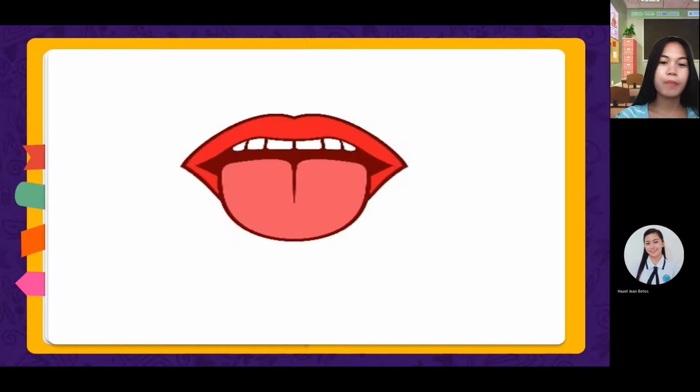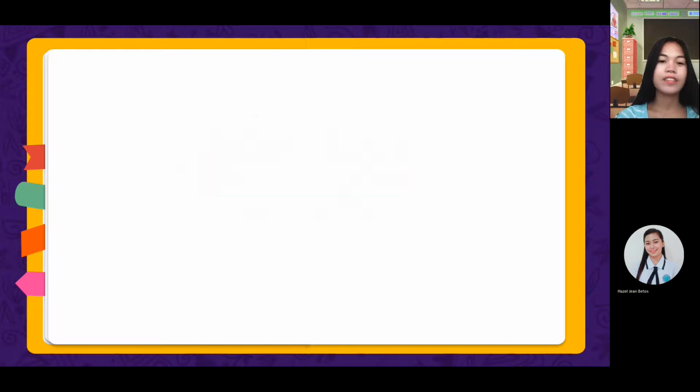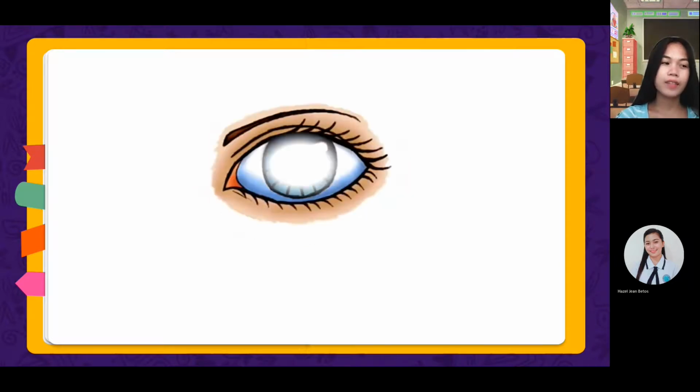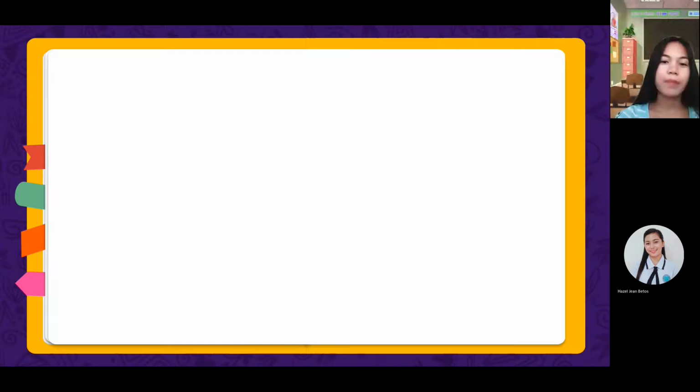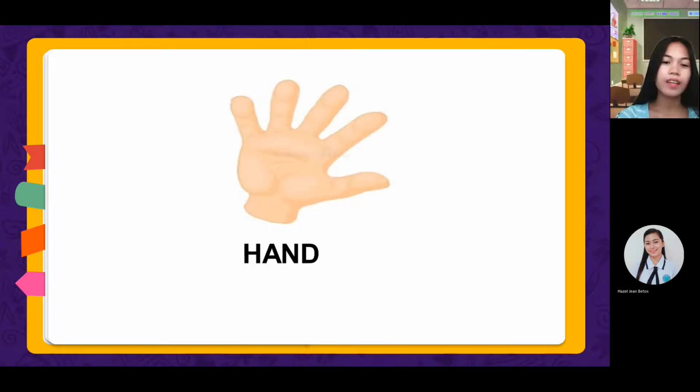The first picture. What comes to your mind when you see this picture? All right, this is a tongue. Very good. How about this? This is an eye. All right. The third picture, how about this, Daisy? Yes, thank you.